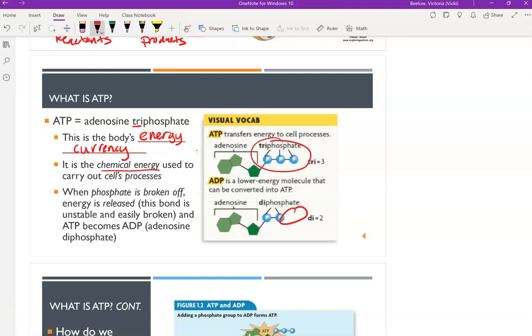And we continue this cycle between making and using ATP all the time in our bodies. So we make the ATP from the energy that we have in glucose. That's what we're going to be talking about in this unit. And then we use that ATP to do stuff in our bodies, and it turns into ADP, and then we make it back into ATP again. We just continuously do this back and forth.